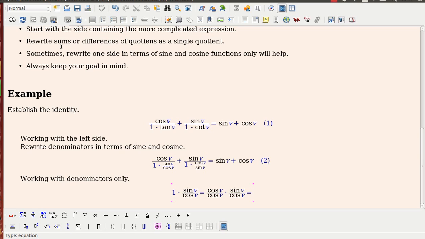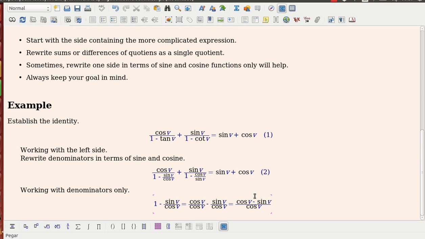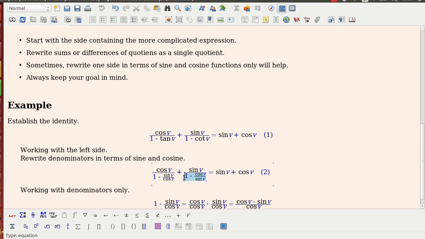And as we have a common denominator, we can write the expression as cosine of b minus sine of b divided by cosine of b. That's the first part.